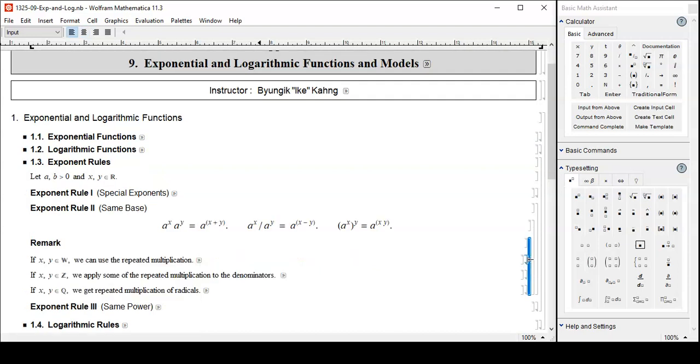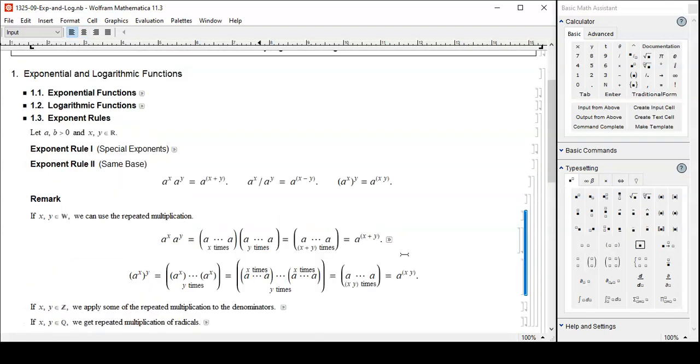Let's see, do we have some sort of proofs or semi-proof? When we have positive integer powers, we get repeated multiplications, x times and y times, so total x plus y times. It's easy to see, right? And then the third one, a to the x power, another a to the x power, another, and that whole thing is repeated y times.